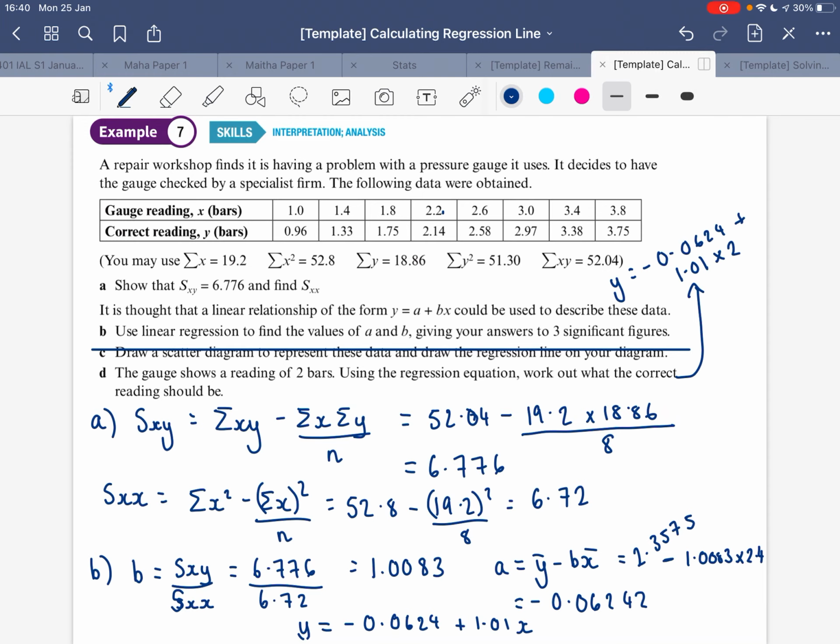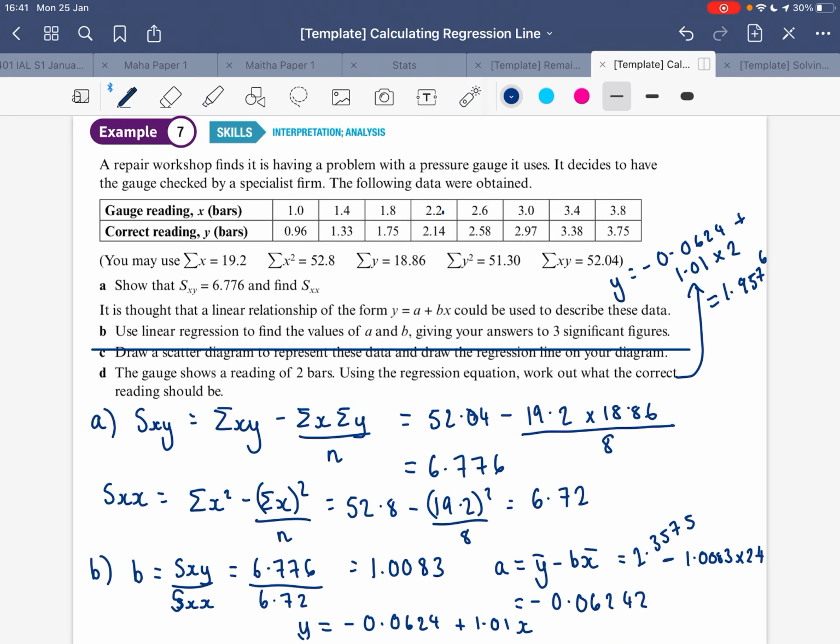We're doing a prediction for 2 bars, so minus 0.0624 plus 1.01 times 2. 1.9576 is our final answer.